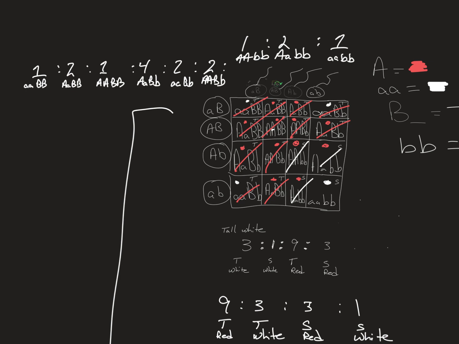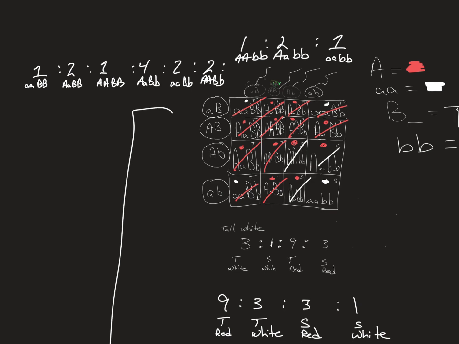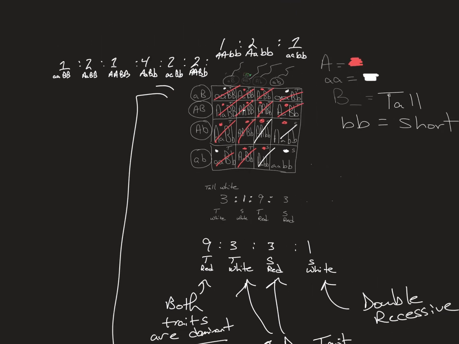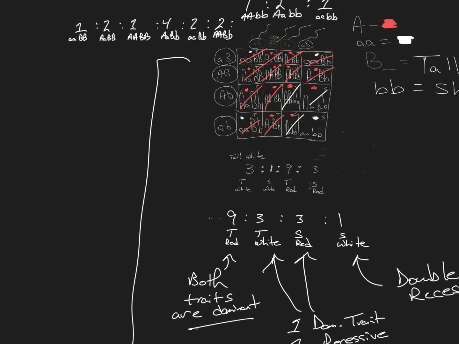So there's a lot of different ways to get these 9 to 3 to 3 to 1 phenotypes, right? There's a lot of different genotypes involved. It's a 1 to 2 to 2 to 4 to 2 to 2 to 1 to 2 to 1. Do you think anyone would ask you to memorize that? No. I mean, it's kind of like your locker combination. But 9 to 3 to 3 to 1 is the one you really should be very familiar with.